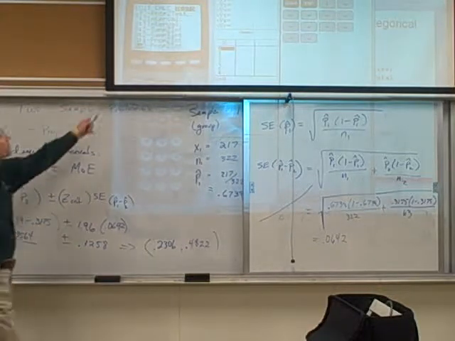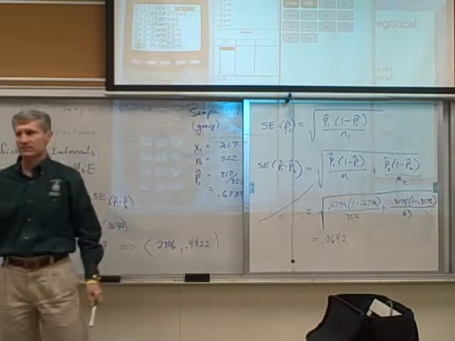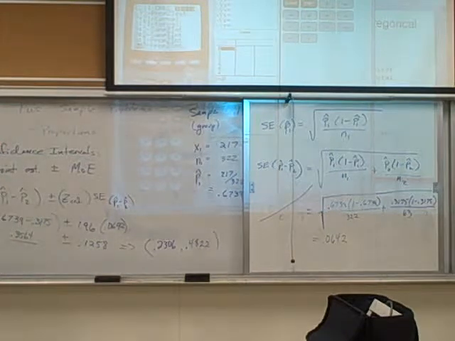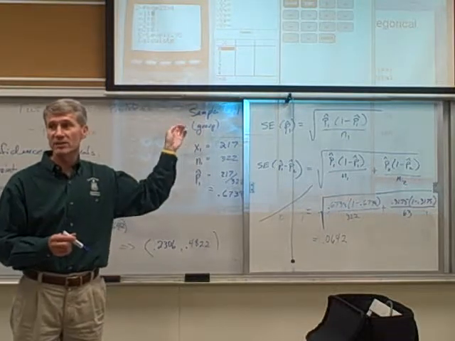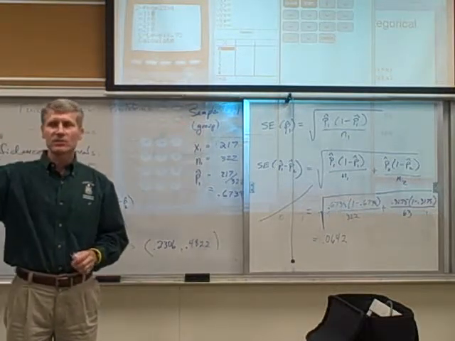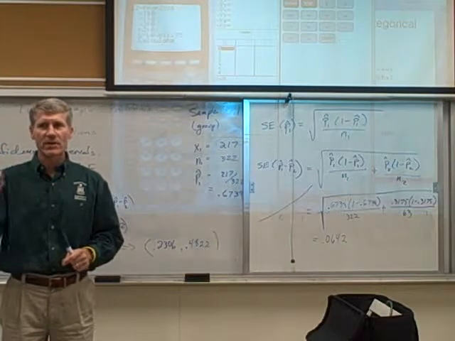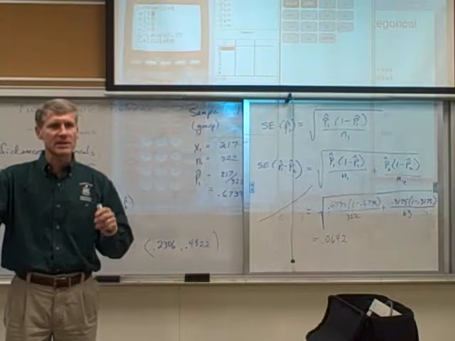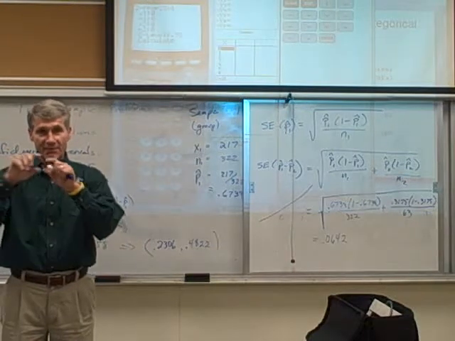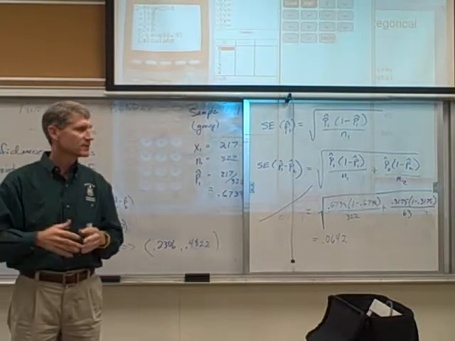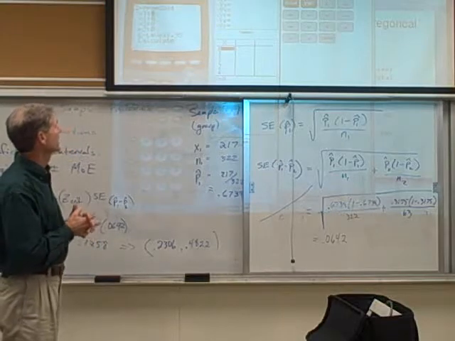Okay, so 2 prop z int, and hit enter. And don't forget when you make your cheat sheet to put those things on the cheat sheet. If it is a 2-sample proportions confidence interval, then I'm going to use 2 prop z int. Have it on the cheat sheet so you're not just grabbing the wrong one by accident.